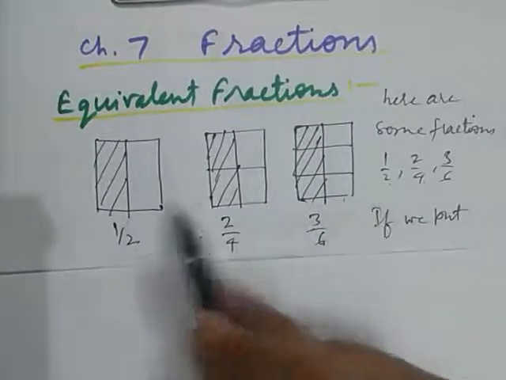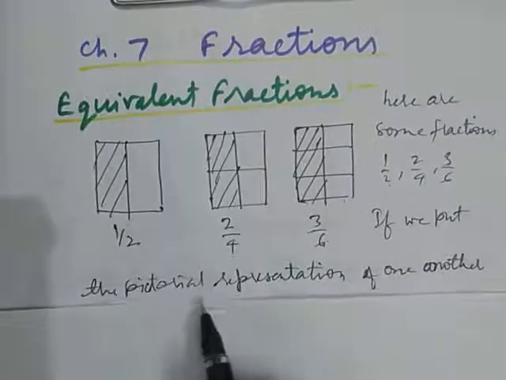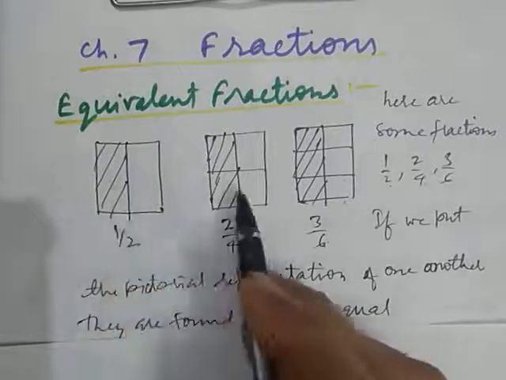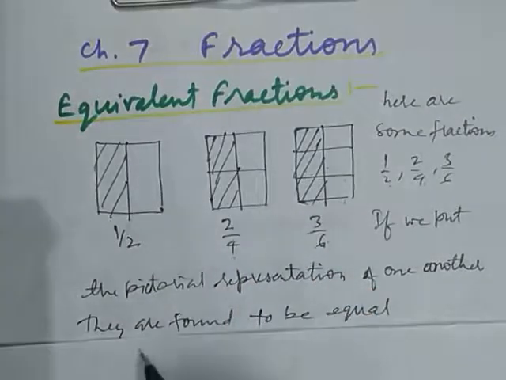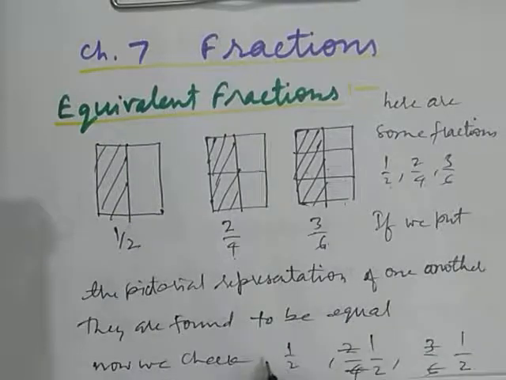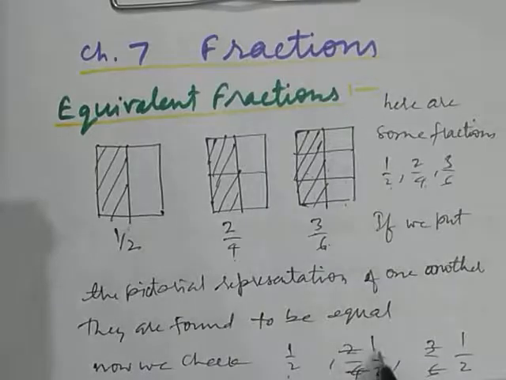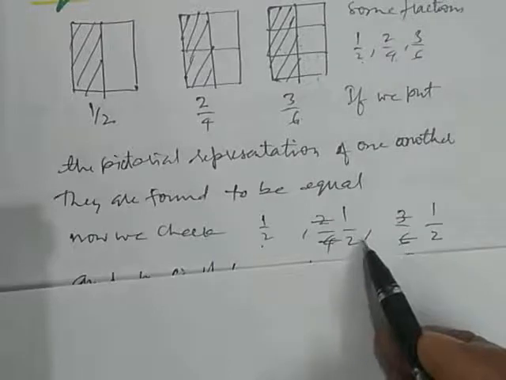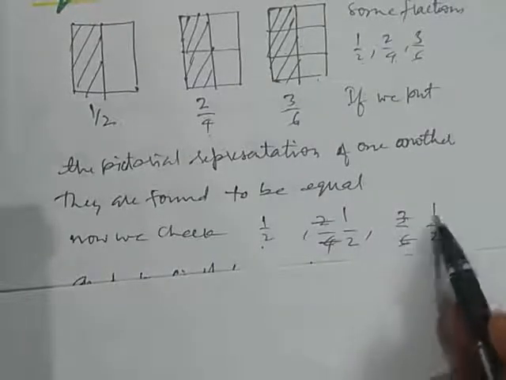Okay, so these all 3 fractions, if we put the pictorial representation of one over another, they are just the same. Now they are found to be equal. Now we check mathematically. 2 by 4 is also 1 by 2, by dividing by 2. 3 by 6, dividing by 3, also becomes 1 by 2.